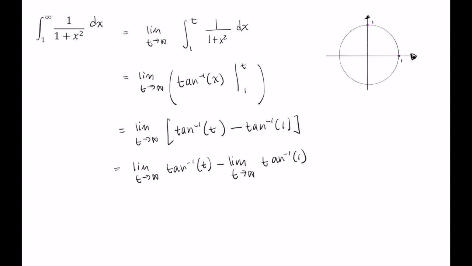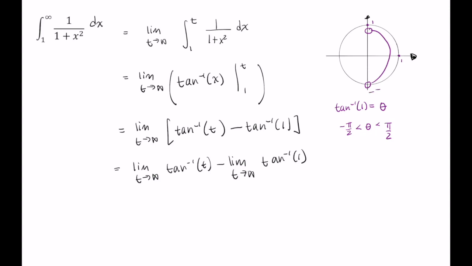So if you recall from either pre-calculus or trigonometry, tangent inverse of 1 will give us some angle. And that angle is limited between negative pi over 2 to pi over 2. So you only want to explore angles that start here and go all the way out this way.